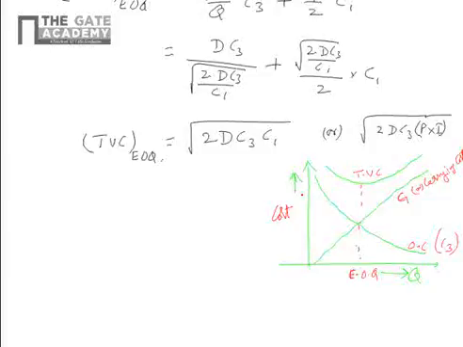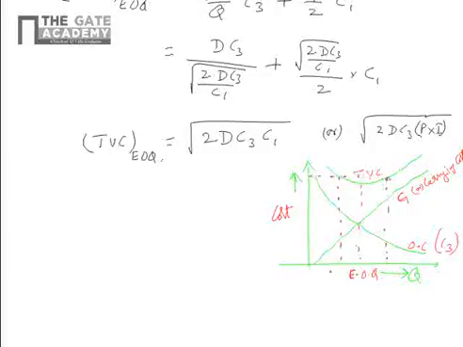So for variable cost, above the minimum variable cost, there may be two points possible. Suppose you take a point here, and another point here, so the variable cost is the same corresponding to the 2 points.